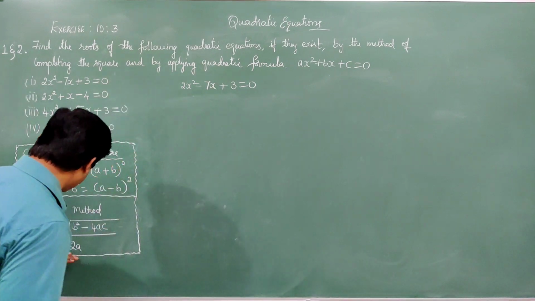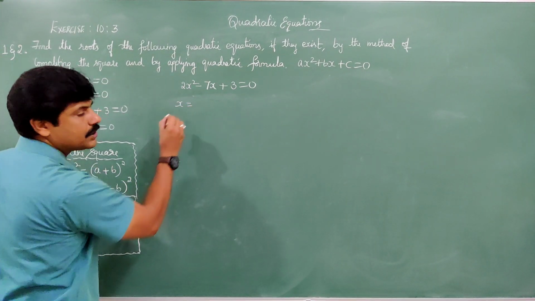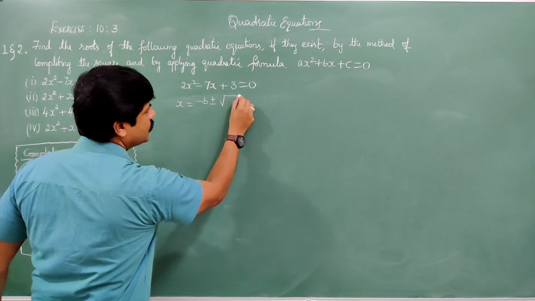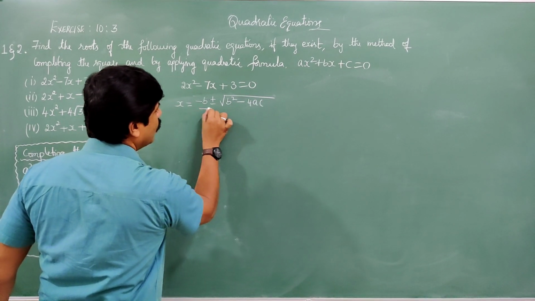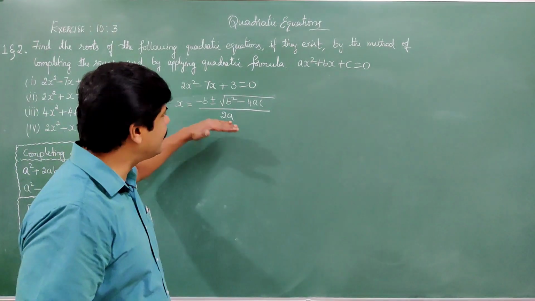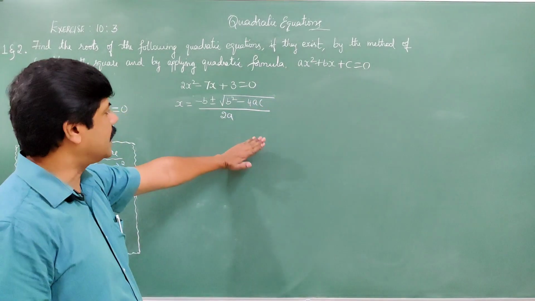What is the quadratic formula? Write it down: x equals minus b plus or minus square root of b square minus 4ac, whole divided by 2a. This is the quadratic formula. Using this, we are finding the roots of the equation 2x square minus 7x plus 3 equals 0.